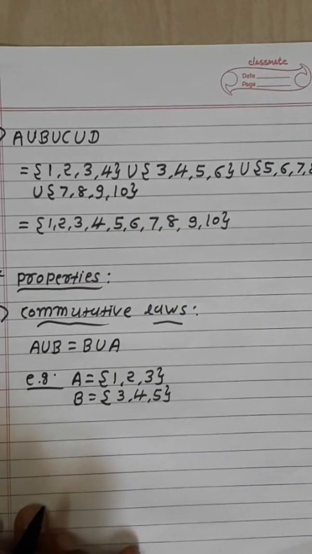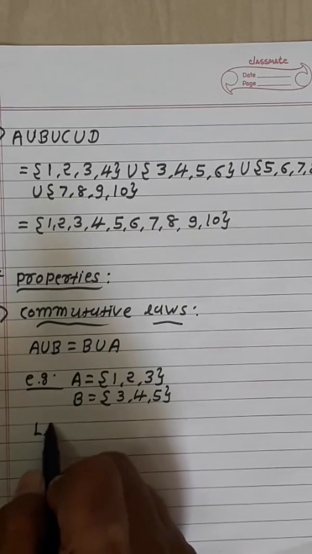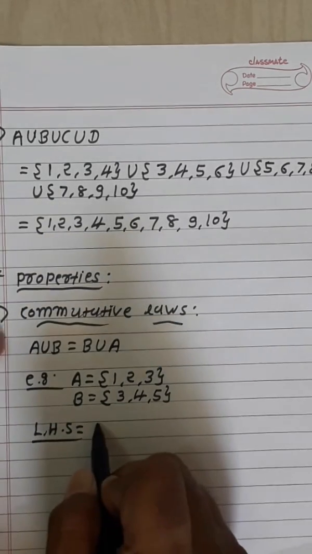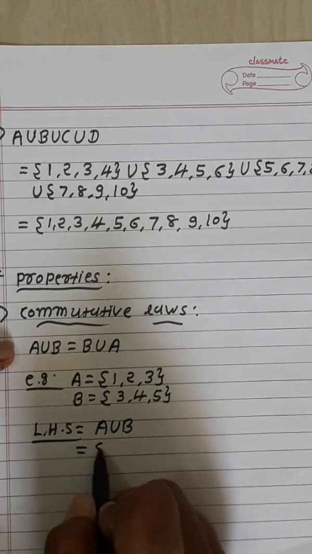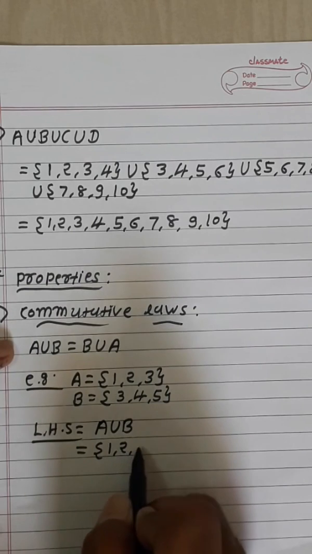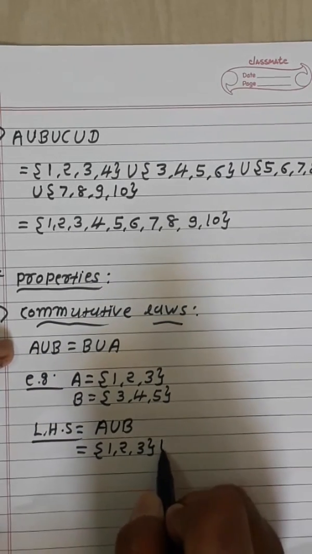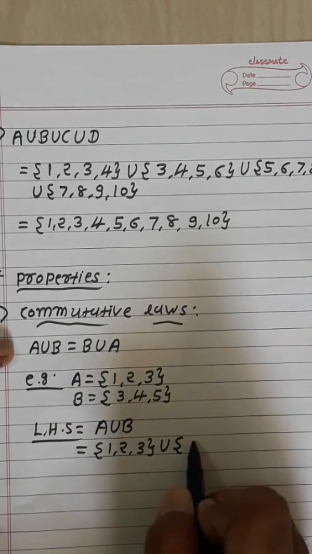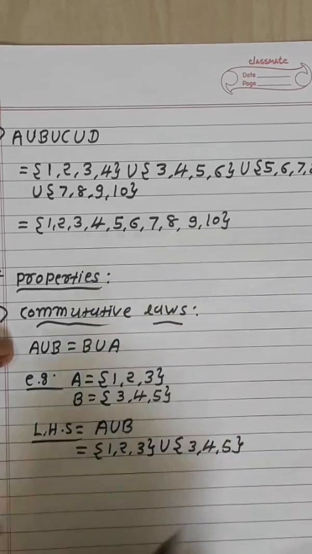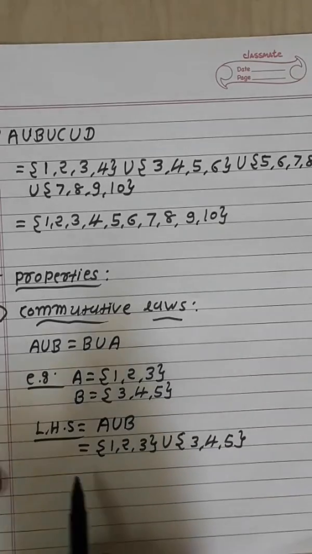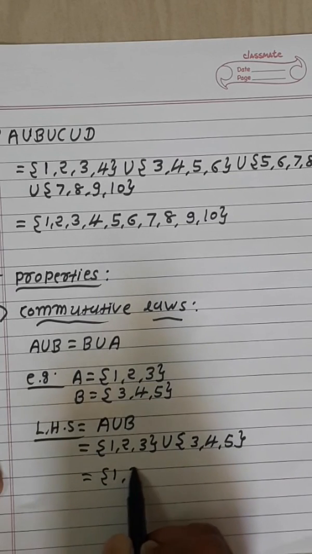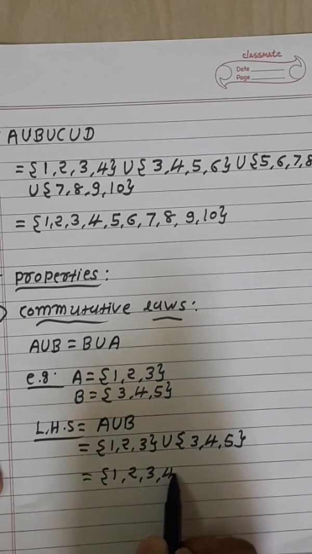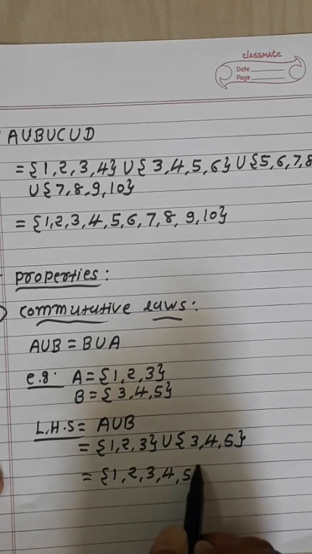Now first of all, on the LHS side we write A union B, that means first the set A, so we write 1, 2, 3, union the second set B, so we write 3, 4, 5. So A union B, that means the answer is 1, 2, 3, 4, 5.